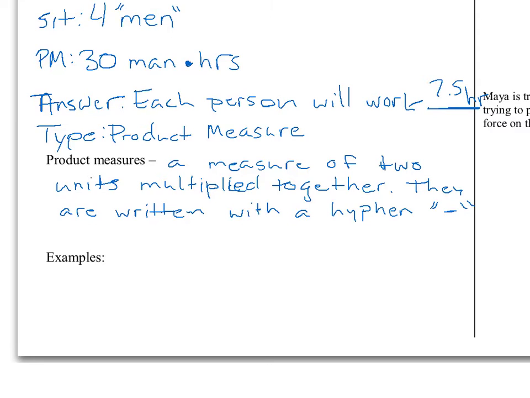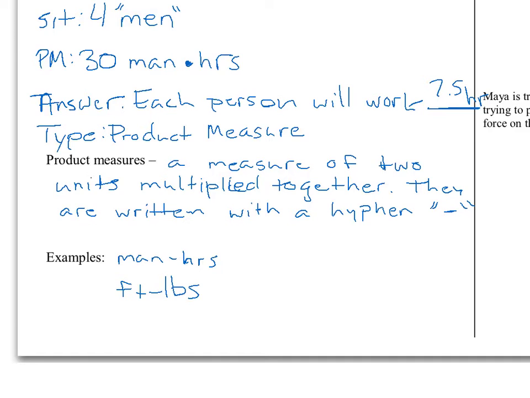So some examples we've already seen: man hours or person hours. Foot pounds. That is a measure of torque, which is how much power it takes to twist something, depending on how far away you are from it.